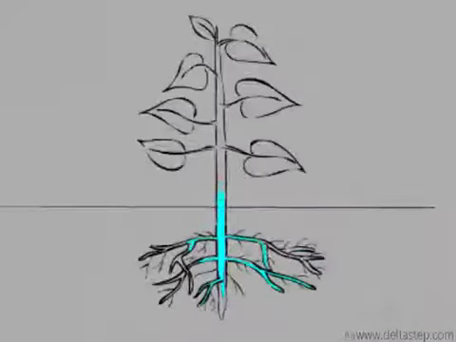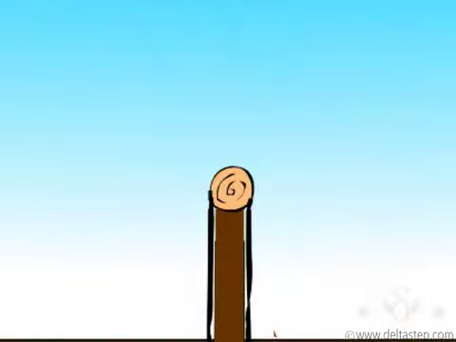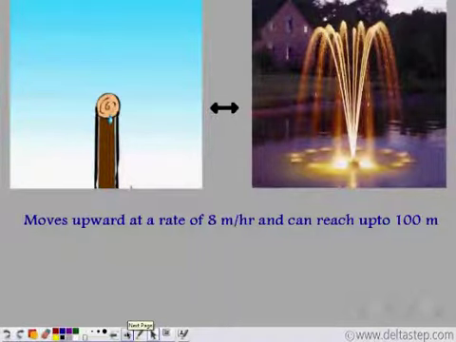Because of this turgor pressure, water rises from the roots to the stem, and thus this pressure in the roots is also known as root pressure. Hence, if you cut the stem, cell sap oozes out. So this oozing out of the cell sap can be compared to a fountain where pressurized water moves upwards.